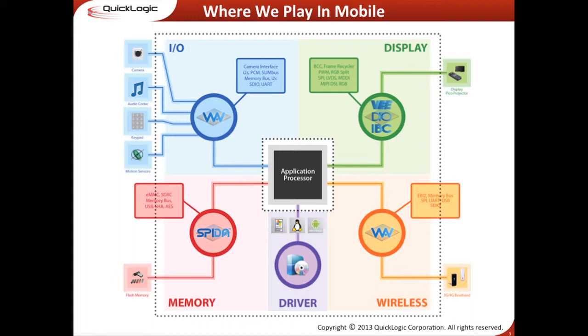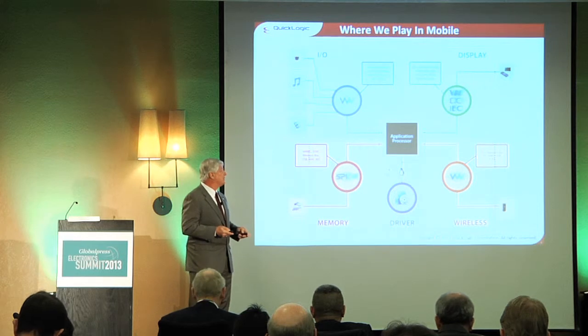What makes us very unique from all the other programmable logic people is that we not only do the programming to put these proven system blocks inside our silicon, but we also provide all the drivers that need to be in the application processor to make us run inside the system. As you can see, we support all of the various operating systems that can go inside the application processor.